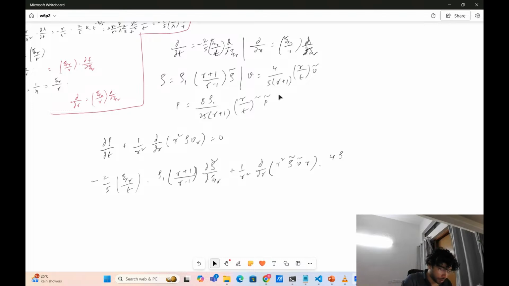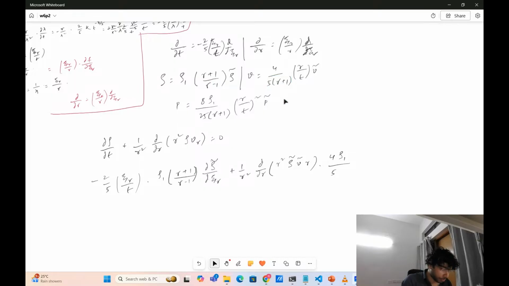There are some other factors which I am going to write down. 4 rho 1. So this 4, this rho 1, and then there is gamma plus 1, so this gamma plus 1 and this gamma plus 1 will get cancelled.